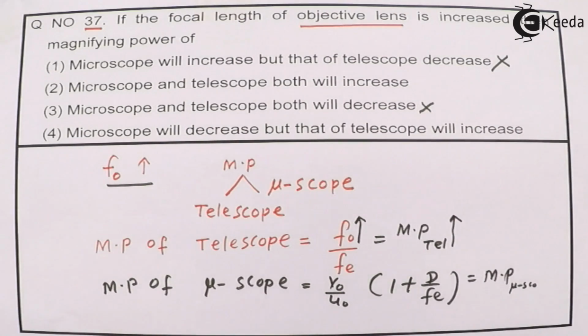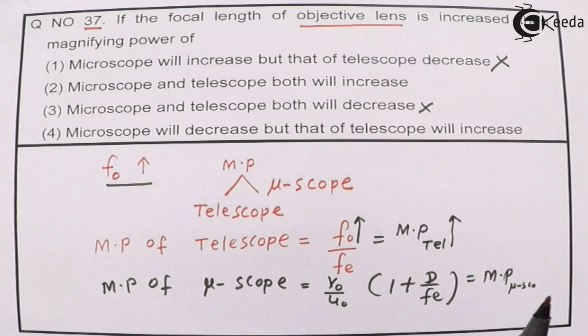The object is placed here, that is the object distance, and the image formed creates the image distance V0. Now, I can write this V0 and this U0. I can keep this U0 as the focal length of the objective.